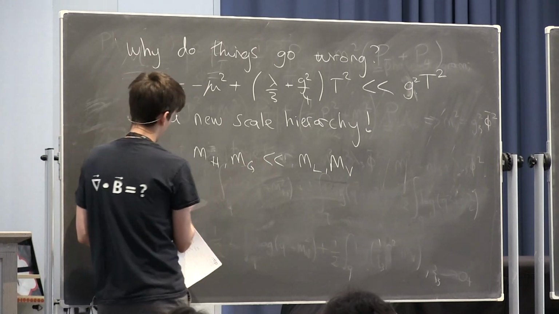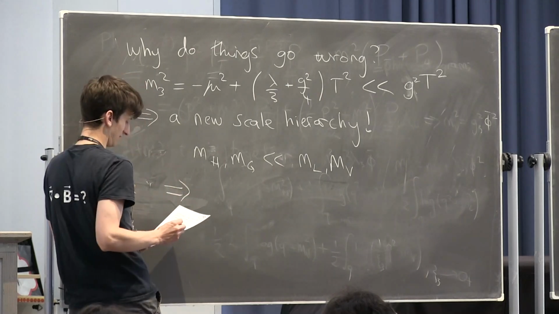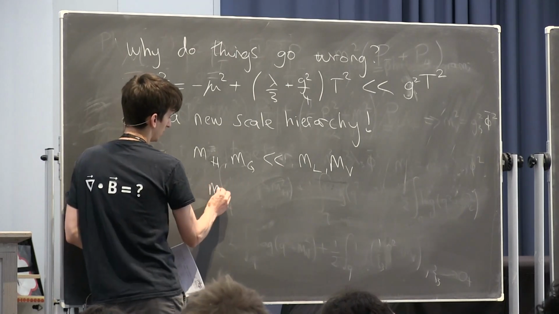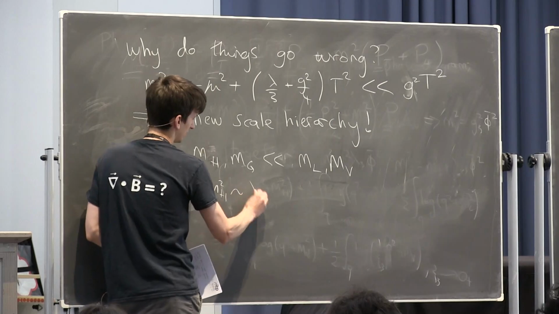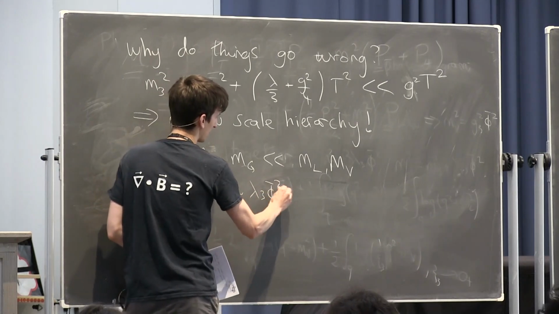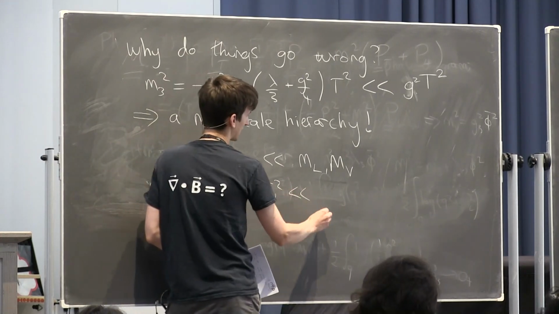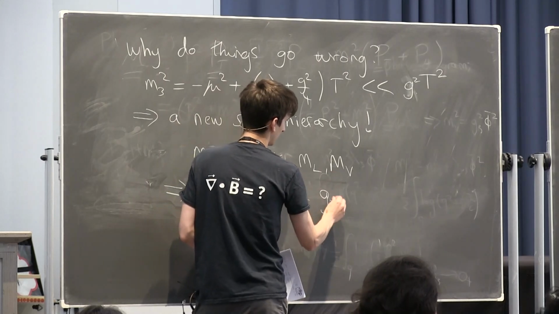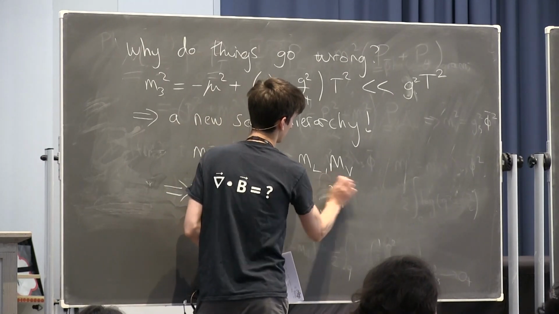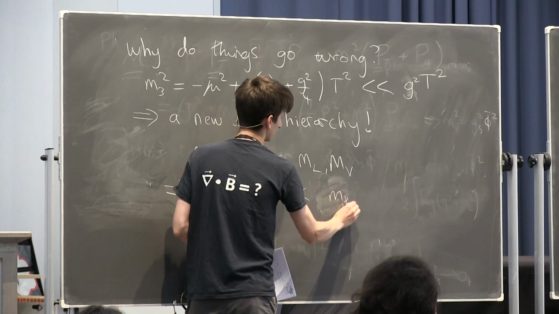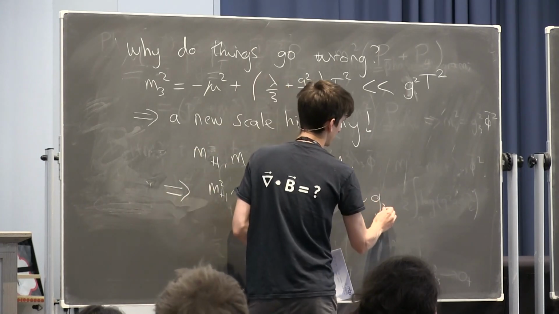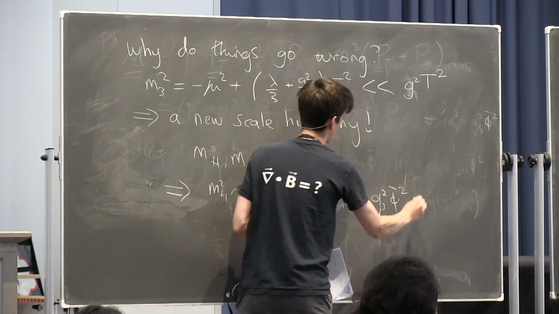This scale hierarchy implies another hierarchy. The Higgs mass is like lambda 3 phi bar squared, and this is much less than the vector mass, which is like g3 squared phi bar squared.